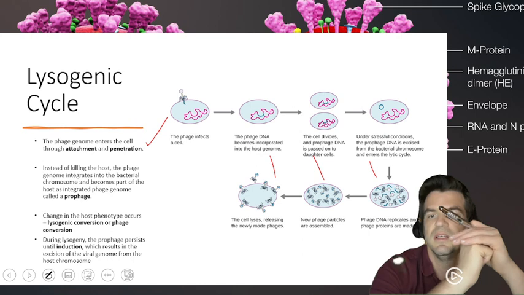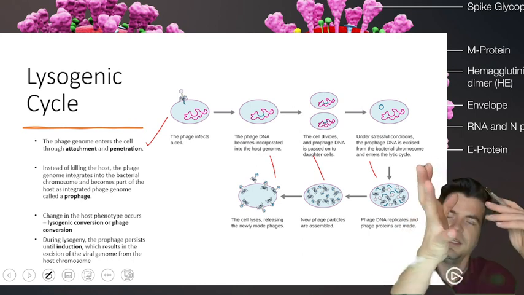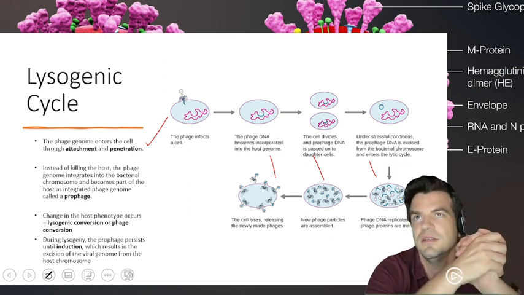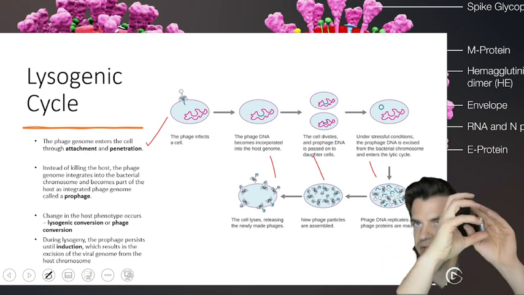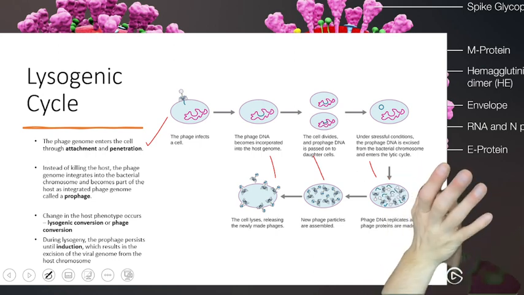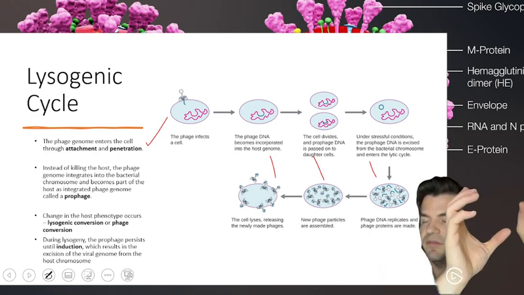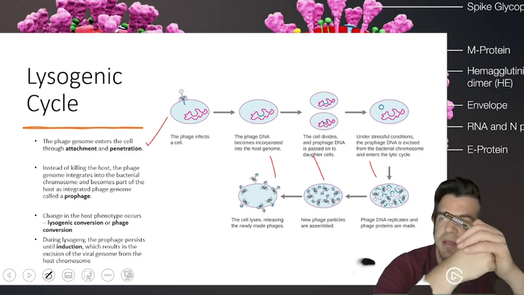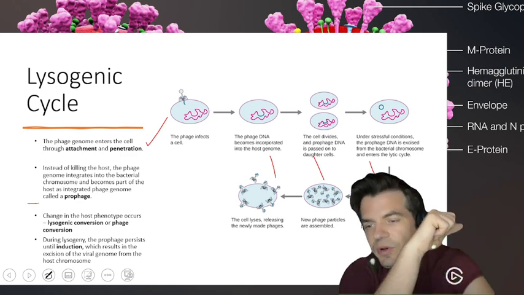Okay, so it infects a cell, and then the DNA is now in the cell, but no viruses are being made. So when the cell divides, it's now replicated DNA. That replicated DNA now has the viral DNA also, and so now two daughter cells both have it. It's latent. Okay, this is also known as the prophage.